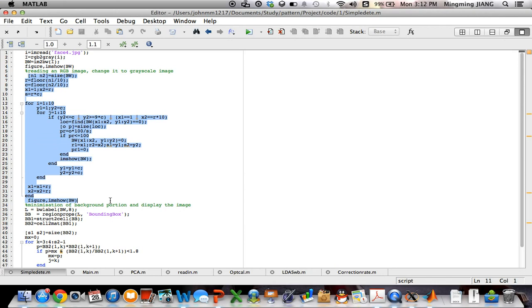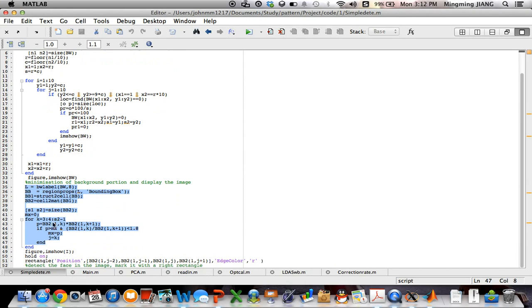This part minimizes the background of the image to understand the faces in the image. This part is to detect the image and use a rectangle to mark the face.